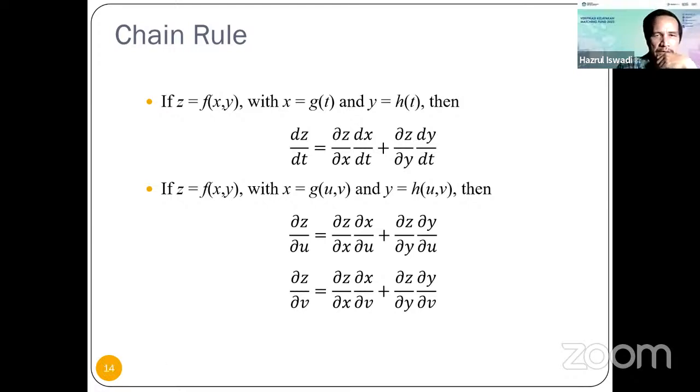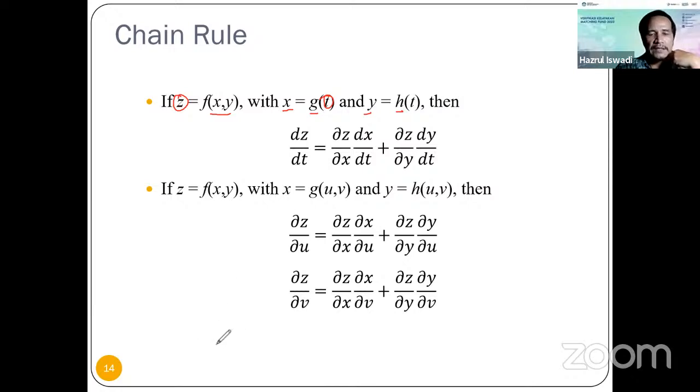This can be applied for the function z, which has two variables x and y, where x and y are also functions of another variable.